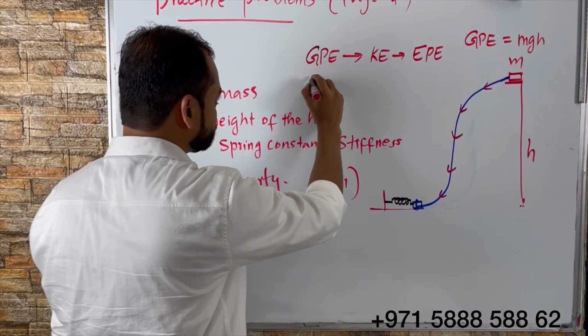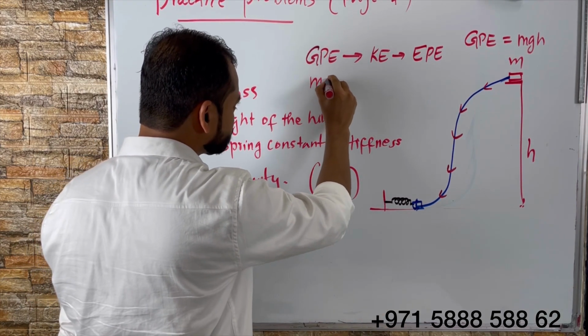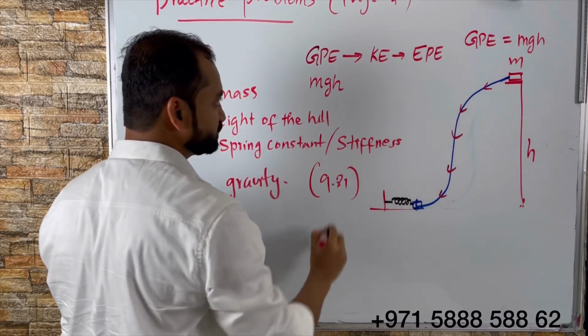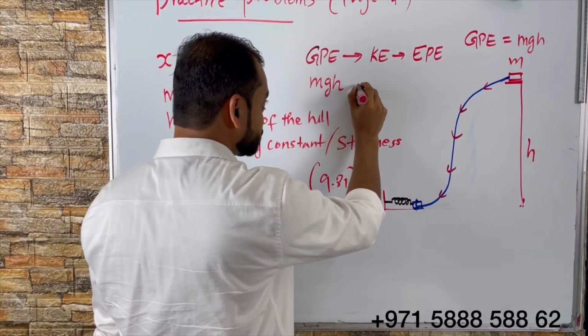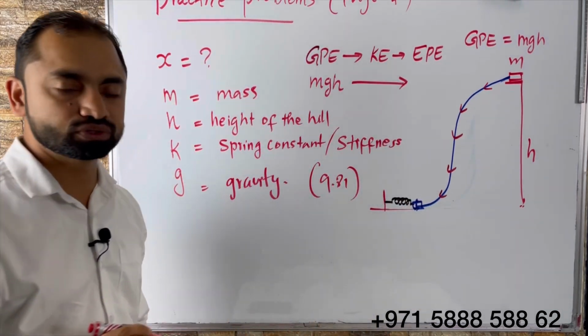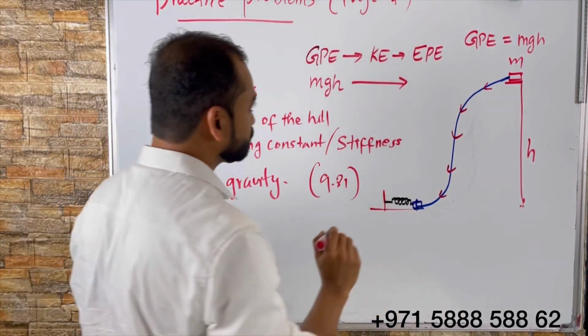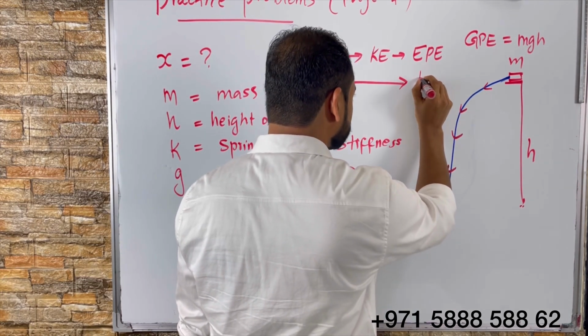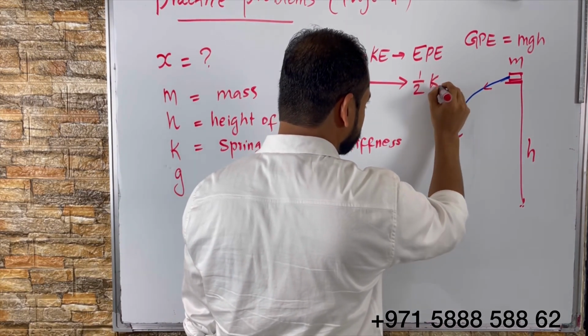So what is the equation for the gravitational potential energy? mgh. This gravitational potential energy finally changed to the elastic potential energy of the spring. The equation for elastic potential energy is half kx squared.